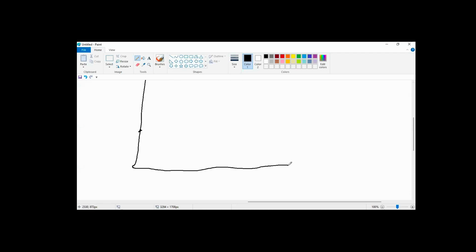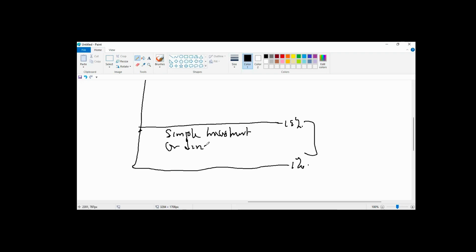Line of investment. If I have investment from 1%, that means I bought shares in any company from 1% up to 19% investment. This investment is known as simple investments. They don't call it simple, they call it ordinary investments.